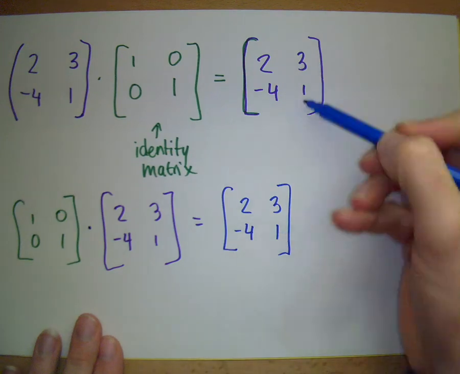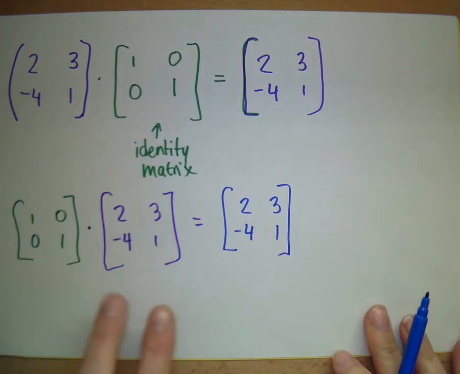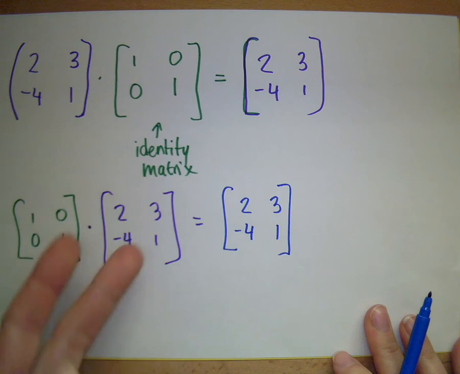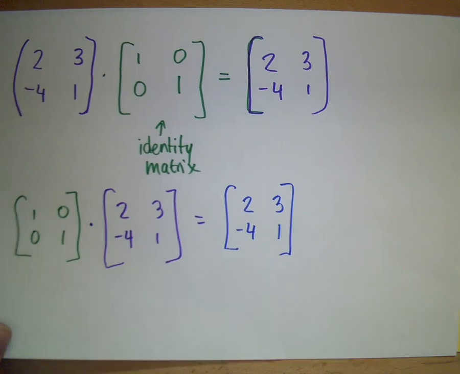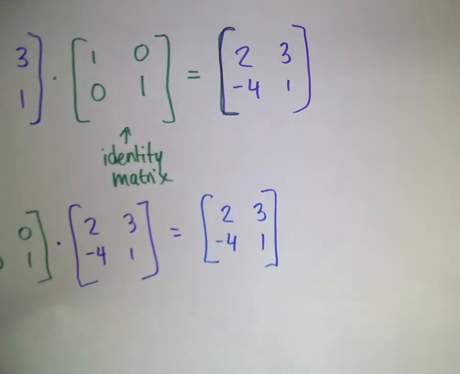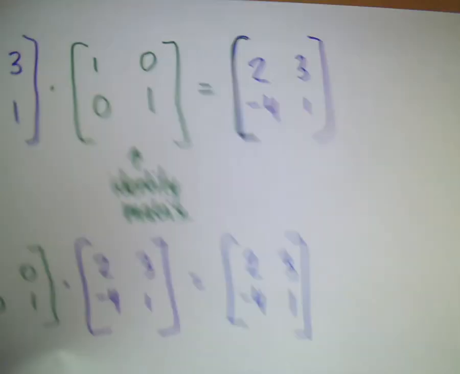So the outcome is the same. So here with the identity matrix, you are allowed to switch the order of the matrices. Okay, so far we have zero matrix, we have the identity matrix.